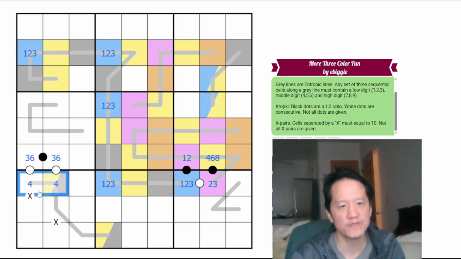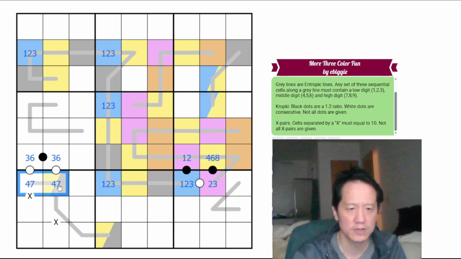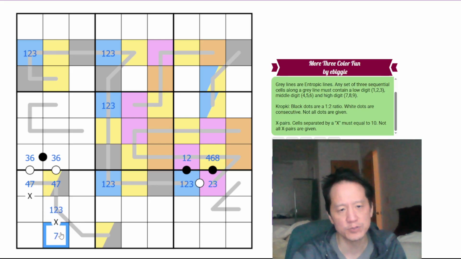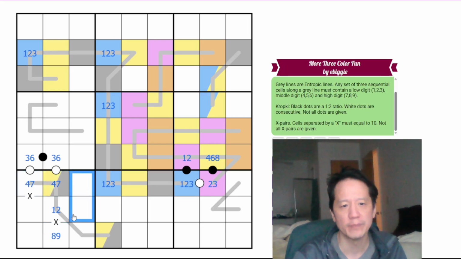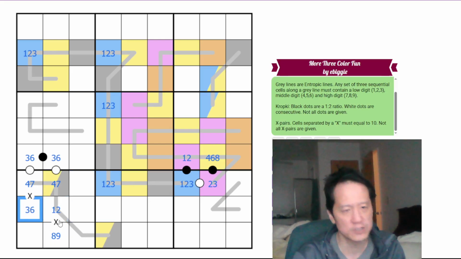This then has to be 4 and 7 specifically. So this would be 4, 7 pair. This would be a low. So this is 1, 2, 3, which means 7, 8, and 9. This can't be 3, though, because that would make this a 7. And with 4, 7 pair in that box eliminates that possibility. This would be 3 or 6 here.